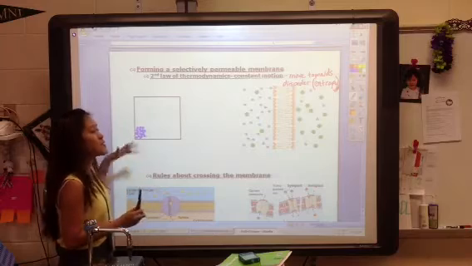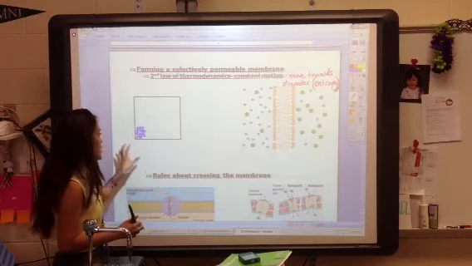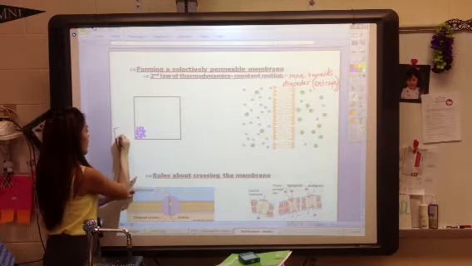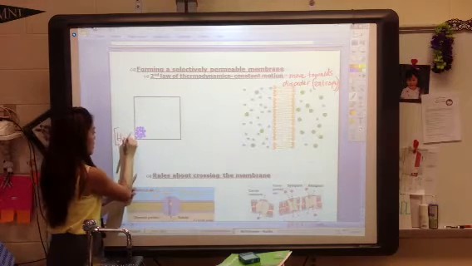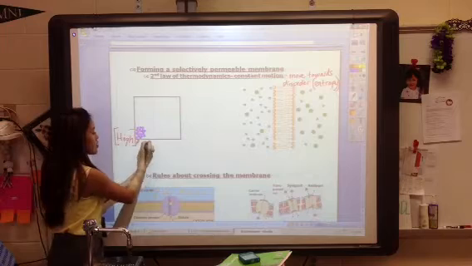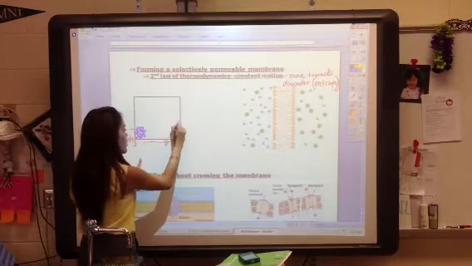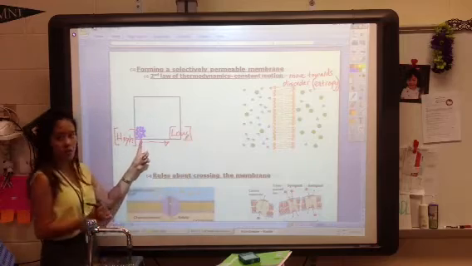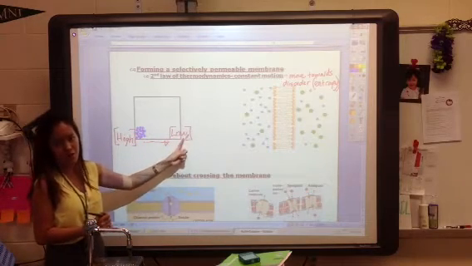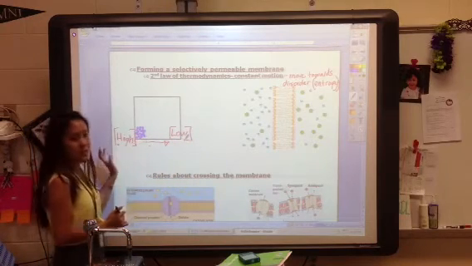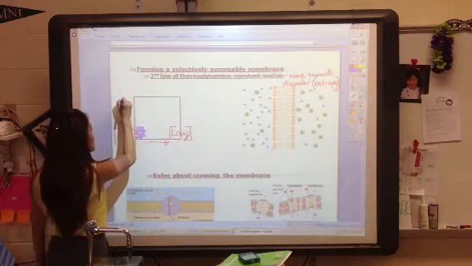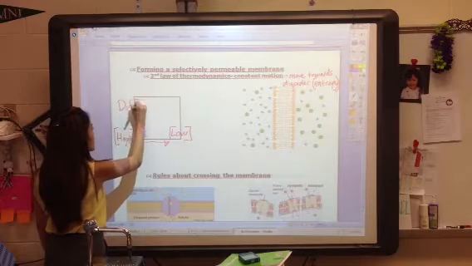That's because those molecules are constantly in motion. They don't want to stay in one area of high concentration; they want to move towards the area where there's a low concentration, or no concentration, of those molecules. That movement from high to low concentration is known as diffusion.